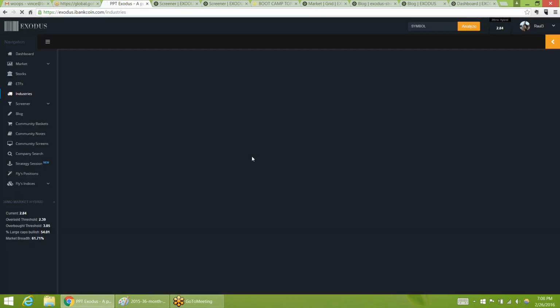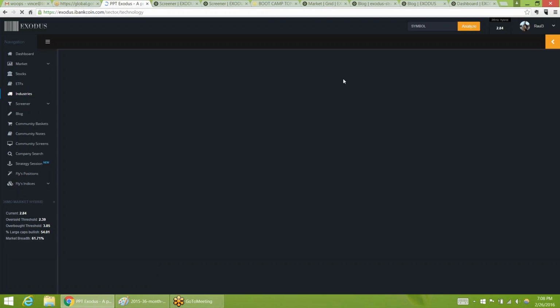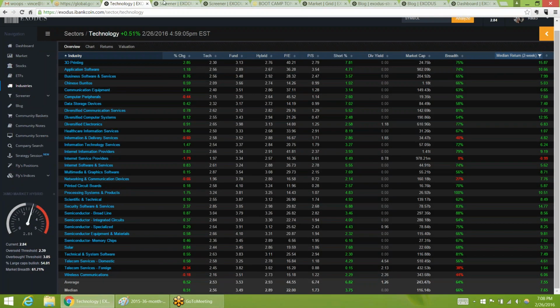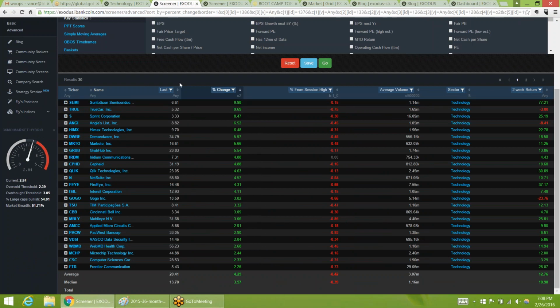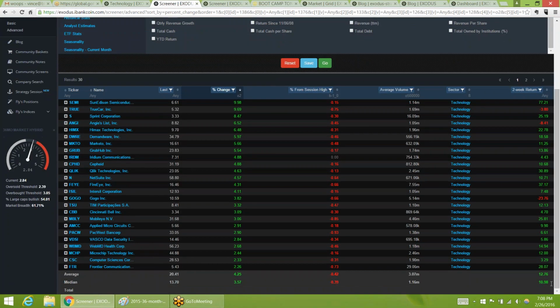Let me see if I can load it up real quick, just so you know where that information came from. So if we just look at the 2-week return of the whole tech sector, it was 7.65%. When we look at the tech sector, what's showing up on the momentum screen, you have a median return of 10.98%. So we're on to something.